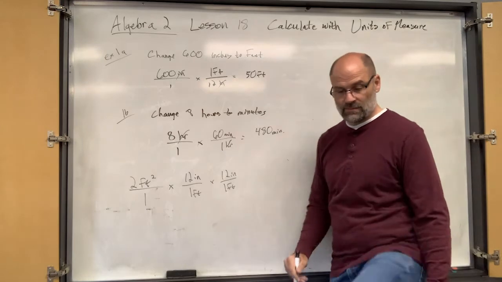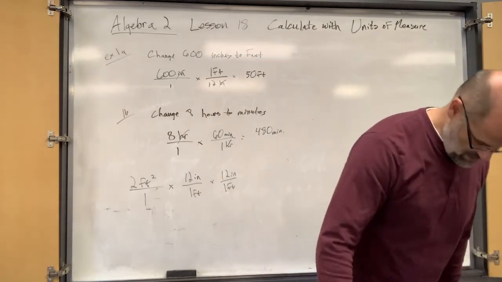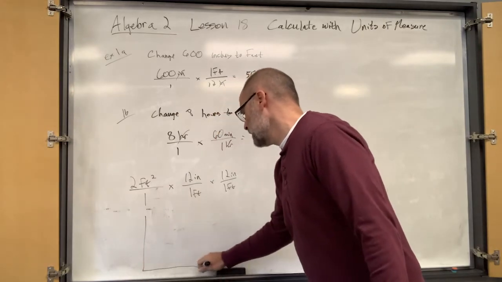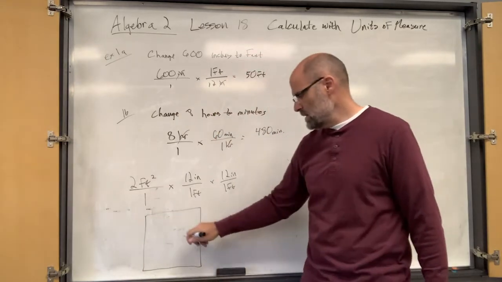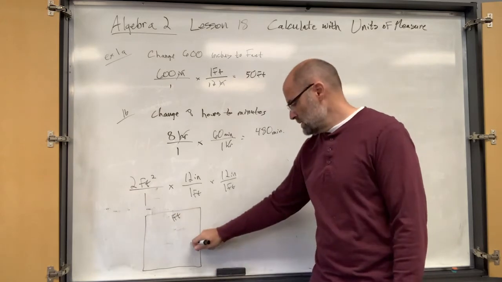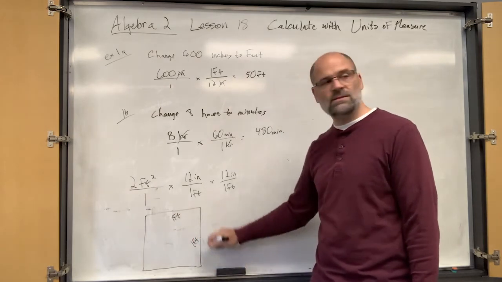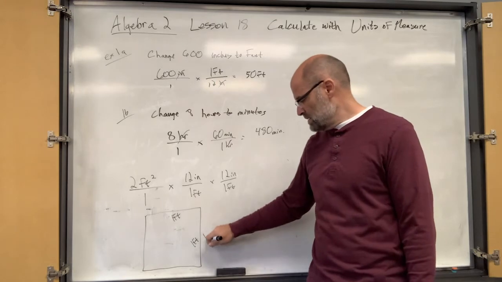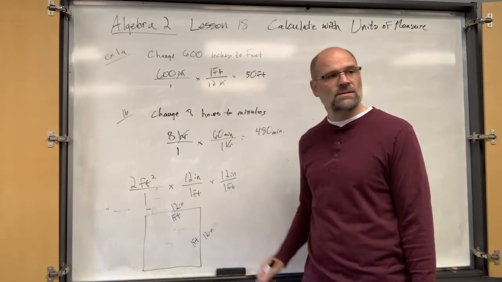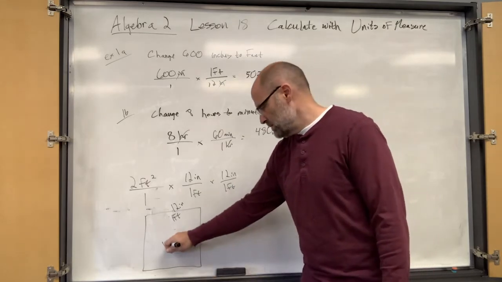You see how this is a square foot? How many inches are on the side? 12. How many inches are on this side? 12. How do you figure out how many square inches are in there? 12 times 12.